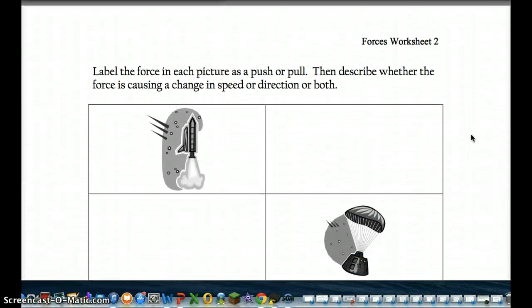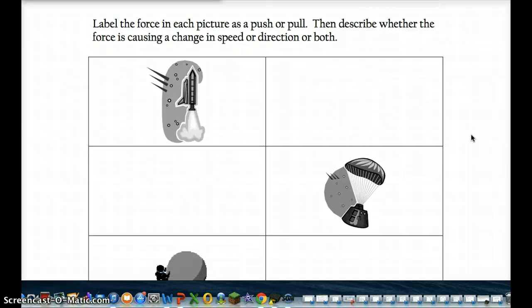With these drawings, these diagrams, you need to label the force in each picture as a push or pull. So with the rocket, we would write in push, because it is pushing. And then the second part is you have to describe whether the force is causing a change in speed or direction or both. So with the rocket, it's a push, changing in speed, accelerating upward.